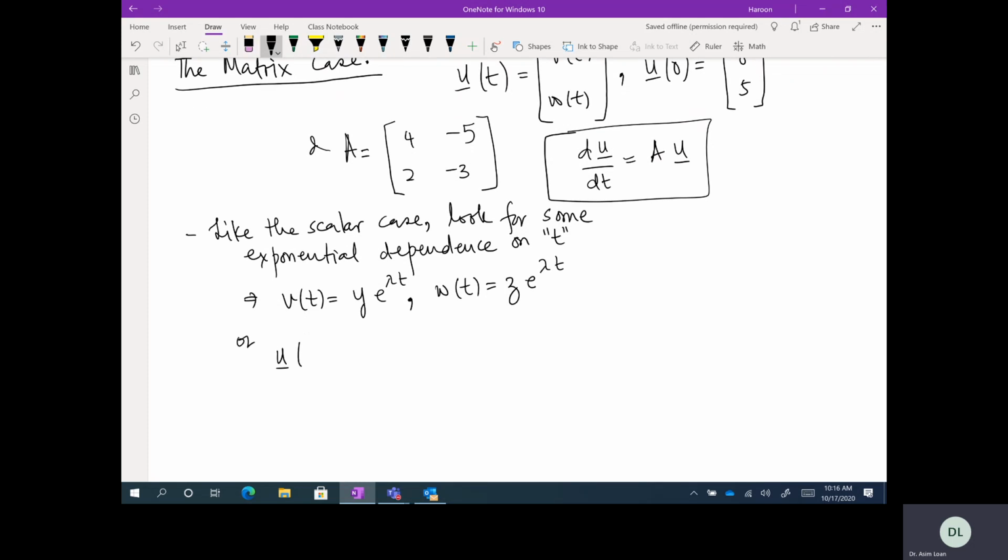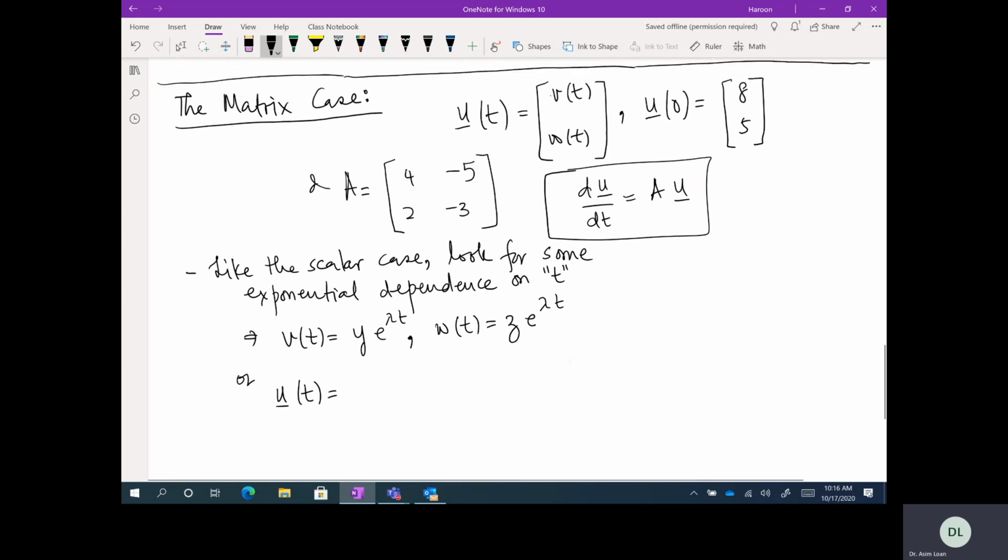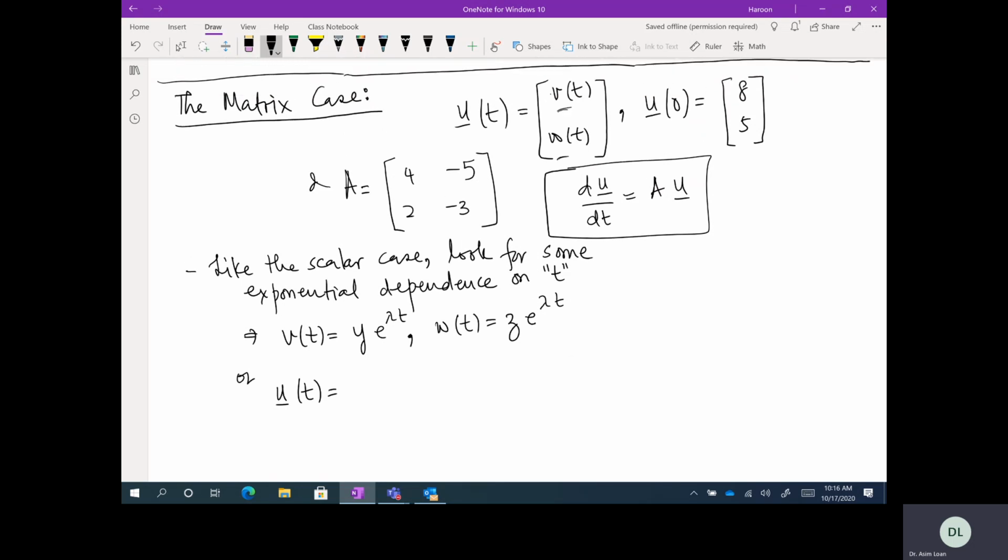So u of t, v of t and w of t will become y e^(lambda t) and z e^(lambda t). I can take out e^(lambda t), and inside I am left with y and z, because whenever we multiply a matrix by a scalar, all elements of the matrix are multiplied by that scalar.